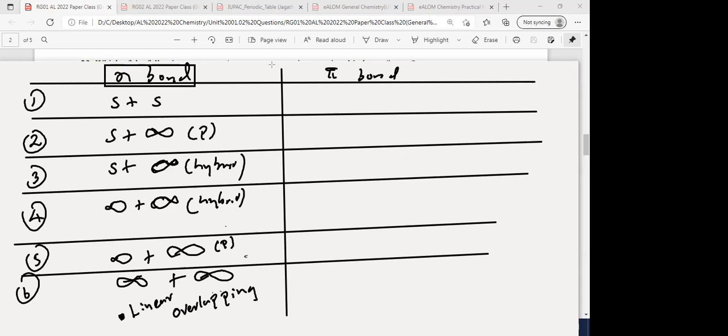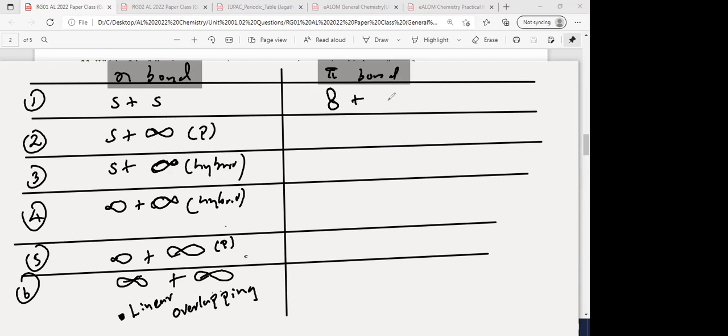Sigma bond and pi bond. The only instance where a pi bond is possible is p orbital lateral overlapping. That is the only instance a pi bond could be formed.